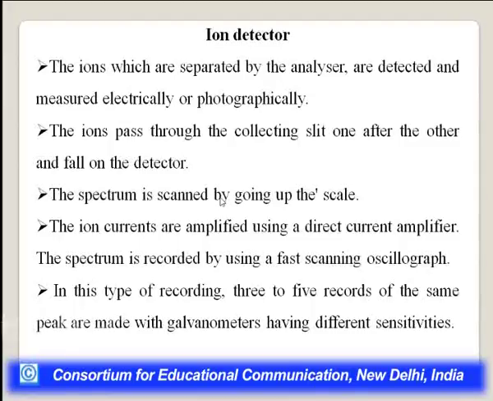The spectrum is scanned by going up the scale. The ion currents are amplified using a direct current amplifier, and the spectrum is recorded using a fast scanning oscillograph. In this type of recording, 3 to 5 records of the same peaks are made with galvanometers having different sensitivities.